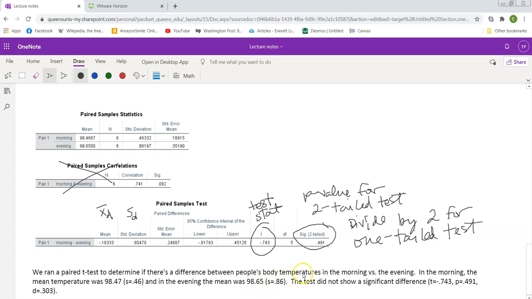And we should put units on that. We went with the two-tailed option here because of the way the problem was phrased. The test did not show a significant difference. And we stated T, the test statistic, and the p-value. And then I went ahead and stated the effect size.